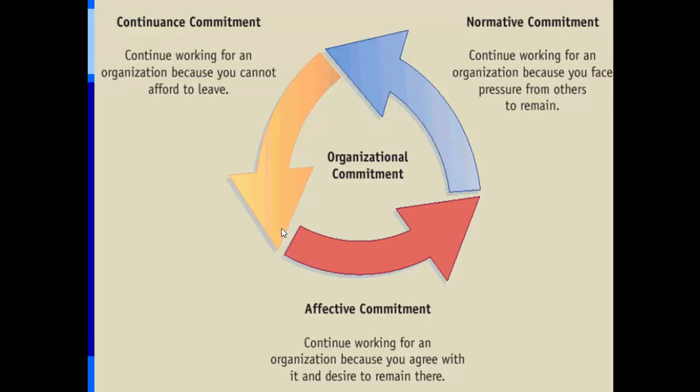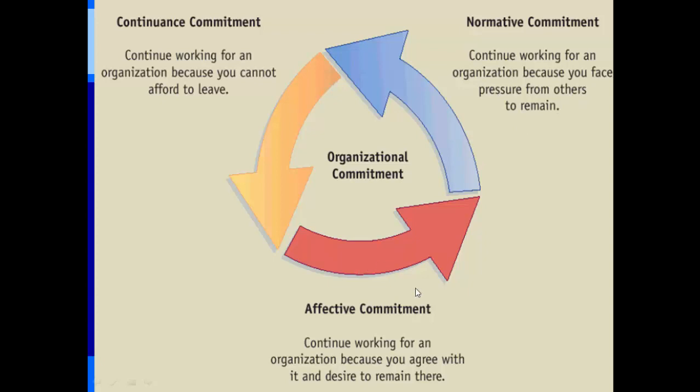Organizational commitment consists of continuance commitment, normative commitment, and affective commitment. It is a combination of these three types of commitment. Continuance commitment means working for an organization because you cannot afford to leave it. Normative commitment means continuing to work for an organization because you face pressure from others to remain.